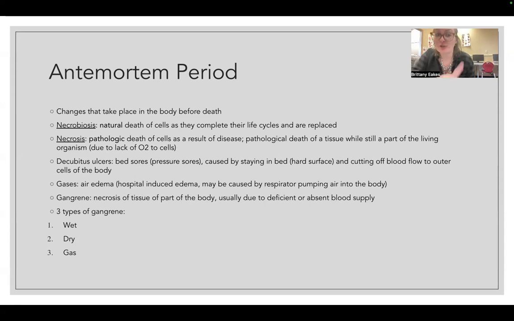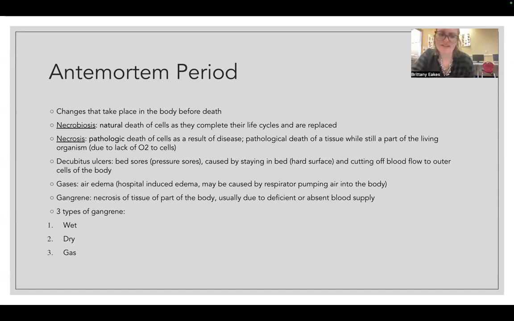Gangrene is necrosis of tissue of a part of the body due to absent blood supply. You'll see this in diabetes patients because the feet, the distal areas of the body, can't get sufficient blood flow, sufficient oxygen, right?